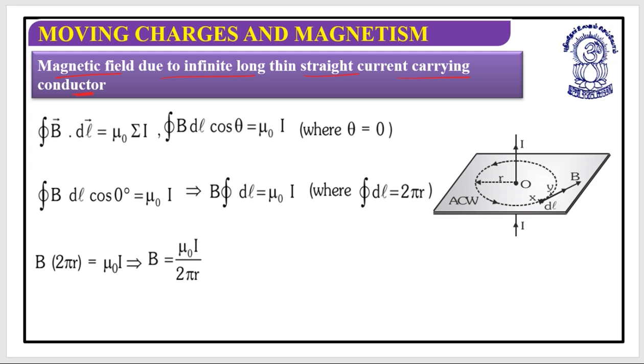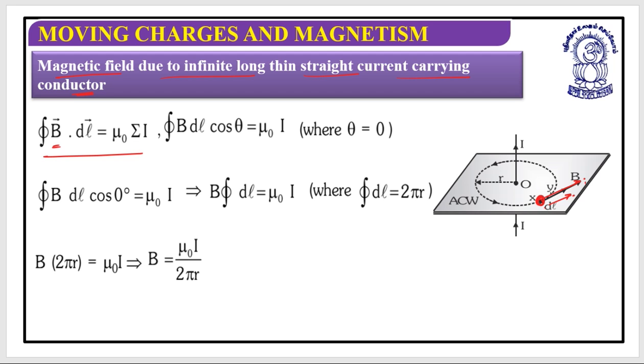According to Ampere's circuital law, the line integral of B dl equals mu naught times I enclosed. If I take any position, the element dl and the magnetic field are in the same direction.